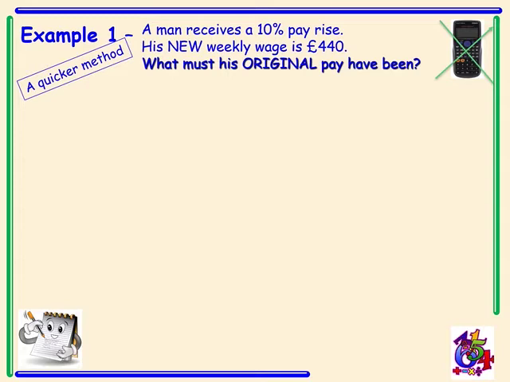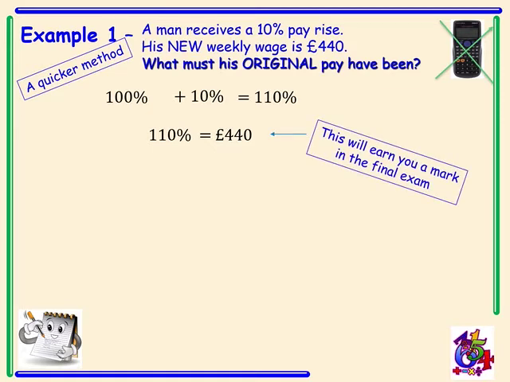So here's the quicker method. Still start by doing 100%. If it's a pay rise, we've added the 10% and we've got 110%. So 110% is your £440. Now this line must be written as it will give you a mark in your final exam.